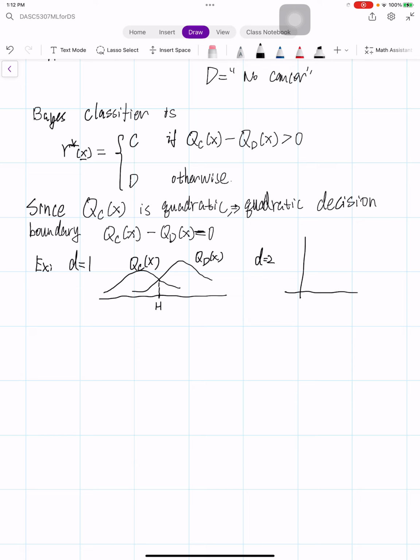And the advantage of the QDA is that you can estimate the probability your prediction is correct.